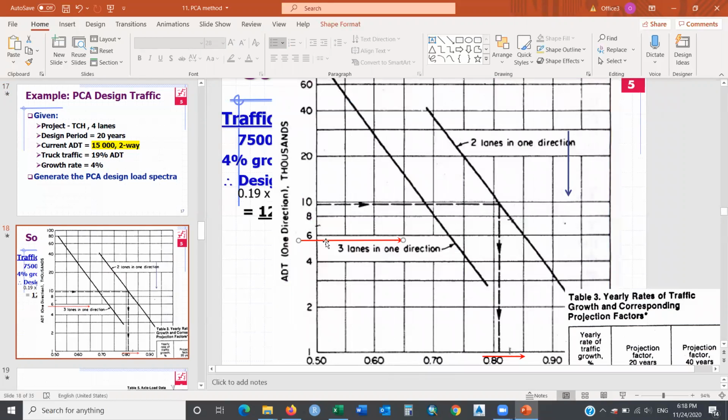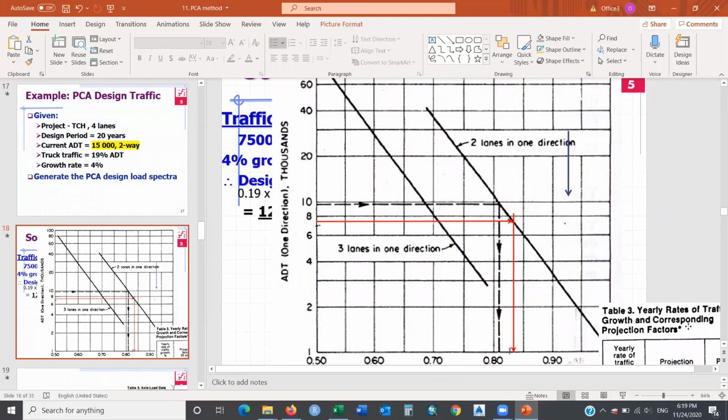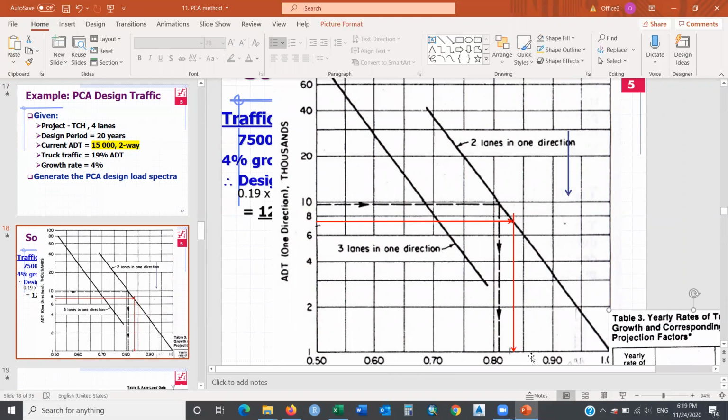So we entered this with 7,500. This is 8,000 here. This is 6,000 here. 7,000, 7,500. And we hit the two lanes in one direction. And we read here. So this is 0.9, this is 0.8, this is 0.85. This is probably 0.83.